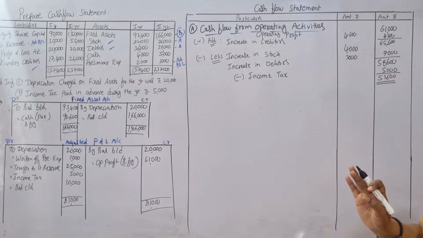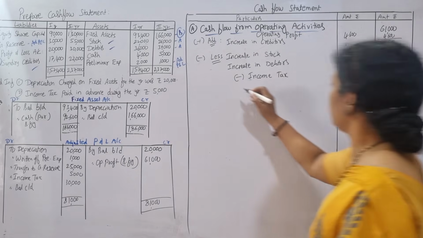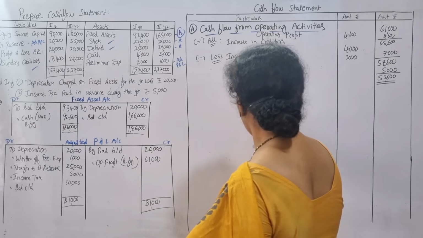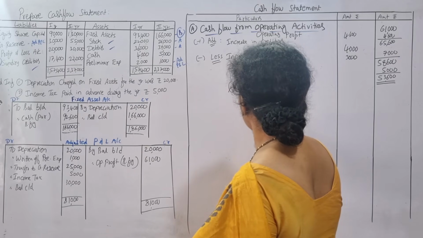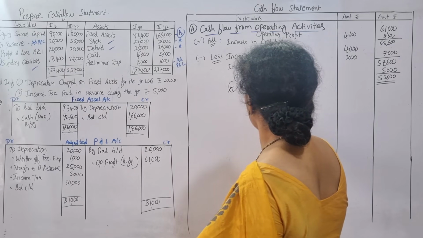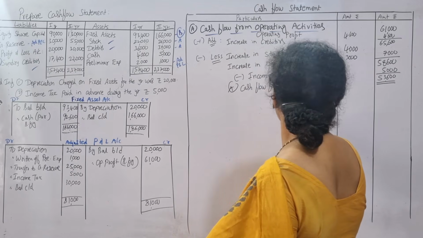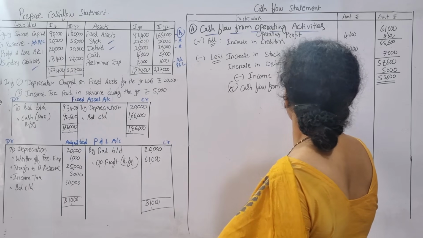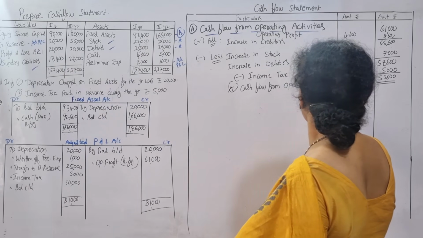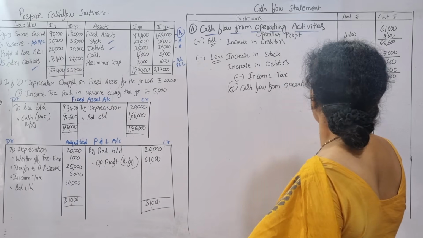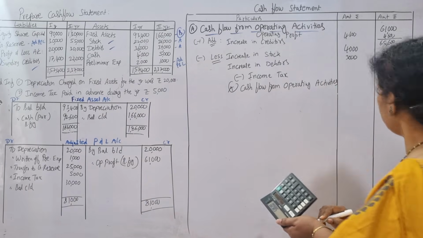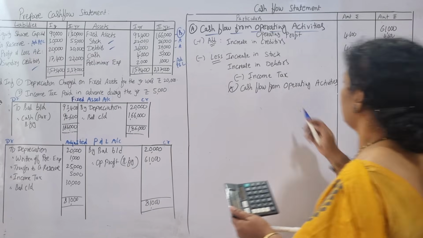It means cash flow from operating activities. This is A bit, cash flow from operating activities. This is 53,600. We can underline it.